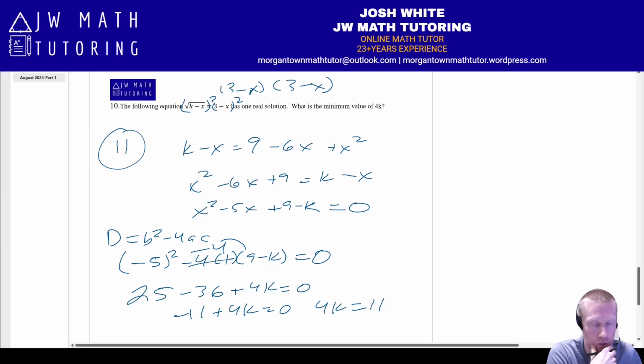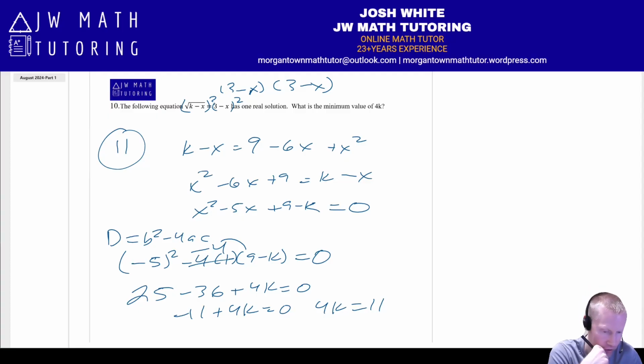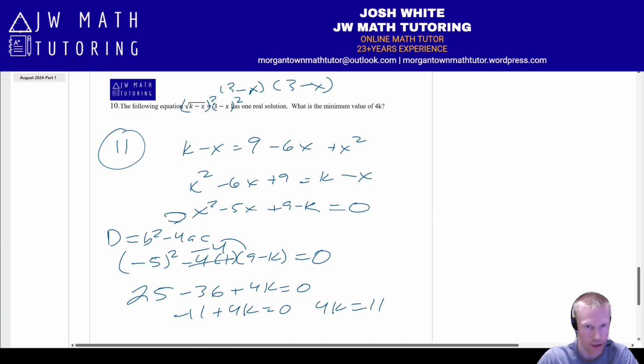Now, an alternate way you could technically do this, I don't know if this is necessarily any easier, is for the second half of the problem. Once you get to this step, for this to have one real solution, that means it factors as x plus something or x minus something squared, it's the same factor.